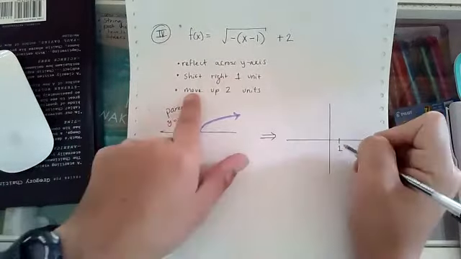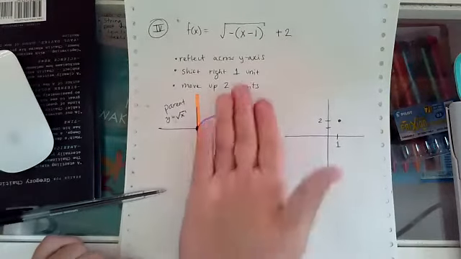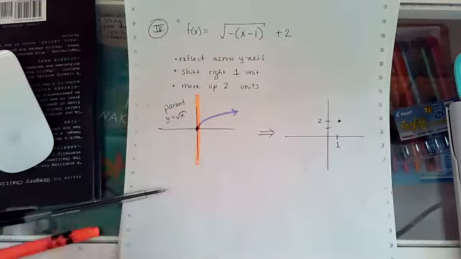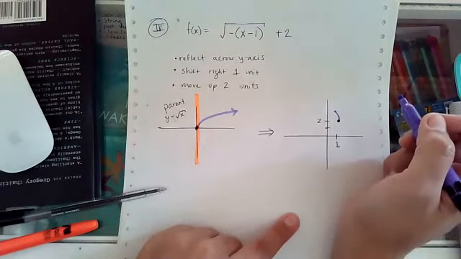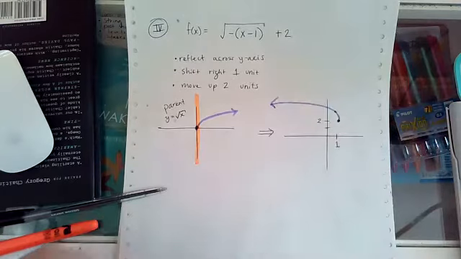And then reflecting across the y-axis. This is the y-axis right here. So if I were to reflect across the y-axis, I wouldn't be going upside down anymore. I would be flipping this direction. So using this point, the graph should go in this direction.